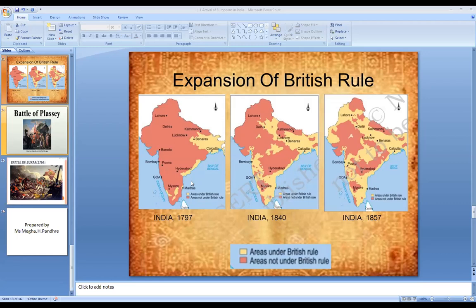But in the next map, you can see that by 1840 they could reach the maximum part of India. They had covered many places. But by the end of 1857, almost the whole of India was under British rule.